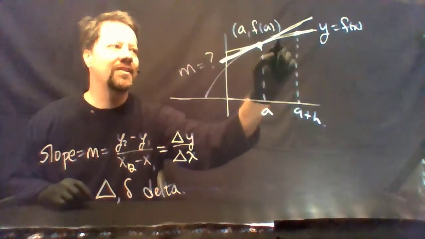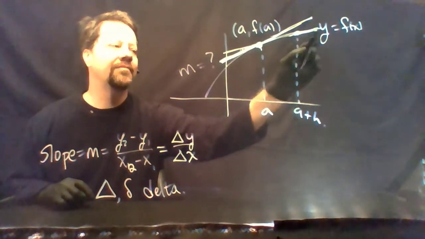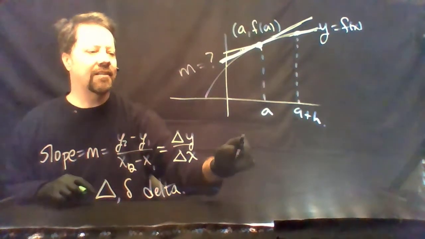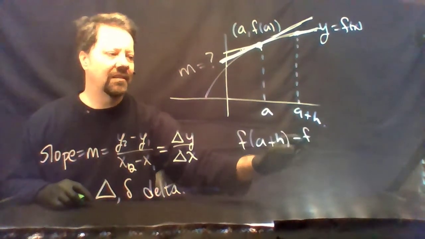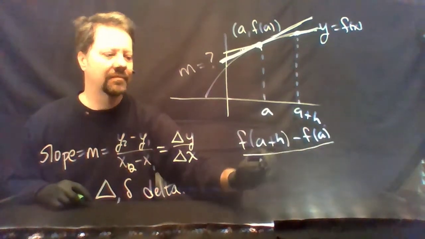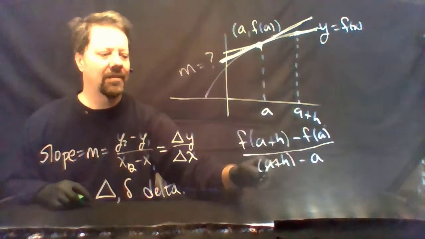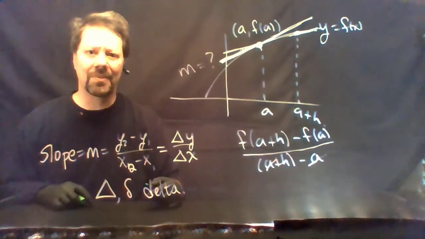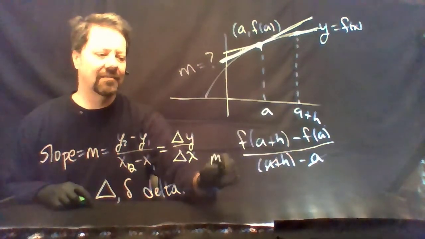A line is called a secant line if it passes through 2 points on the curve. And the slope of the secant line is very easy because we have 2 points. You can see now why we're doing these difference quotients. These are slopes of secant lines.